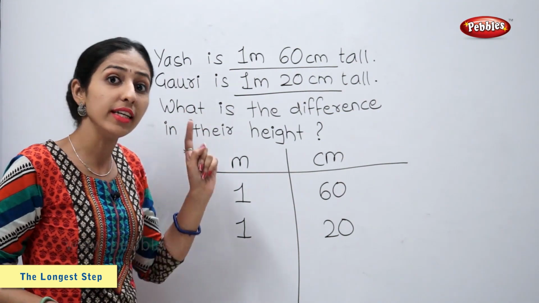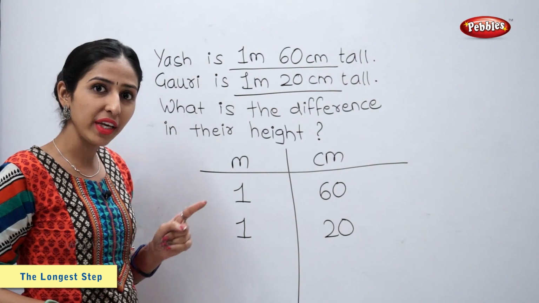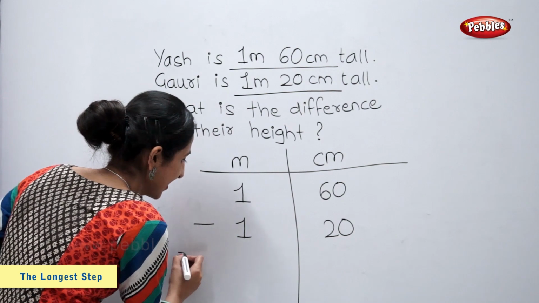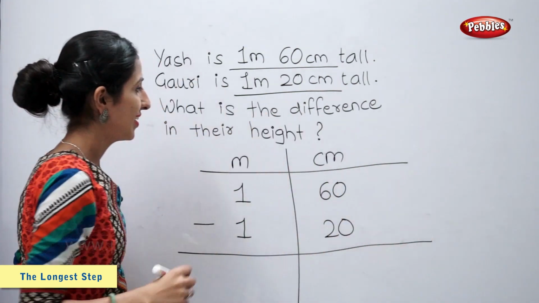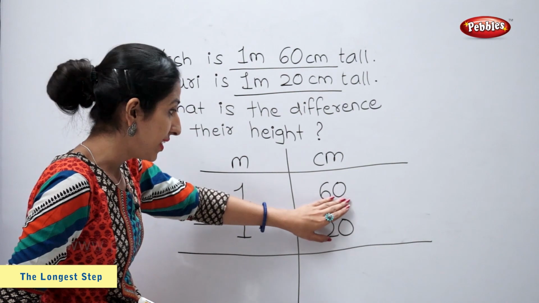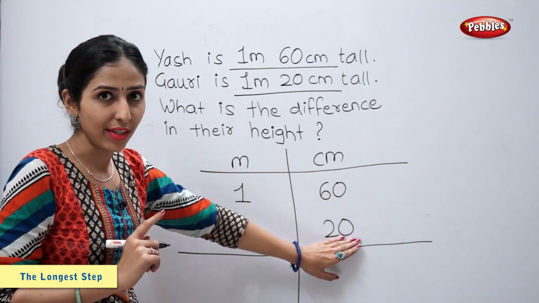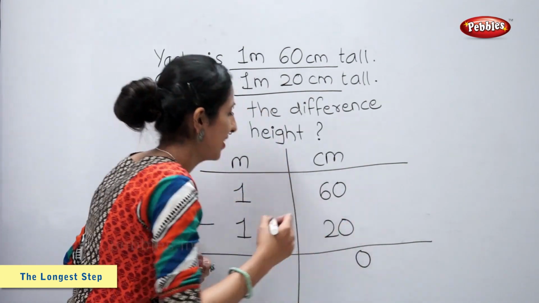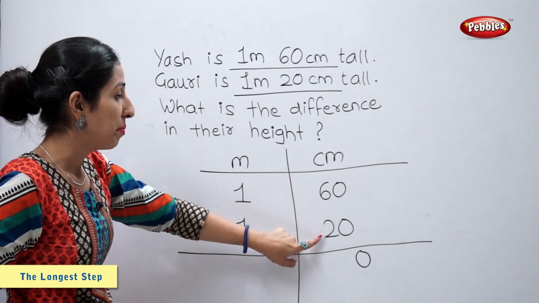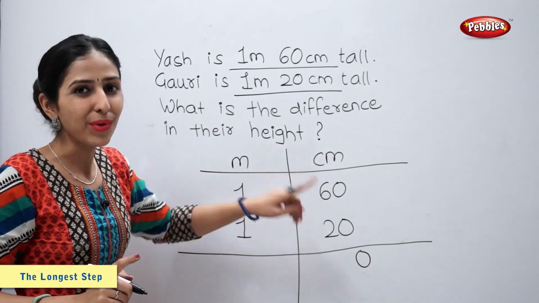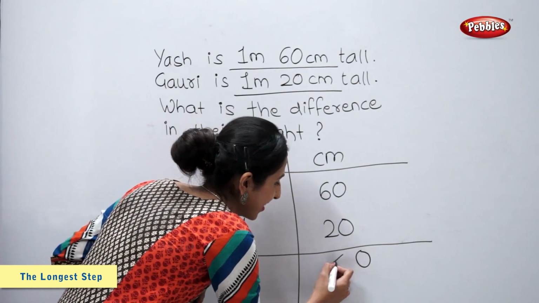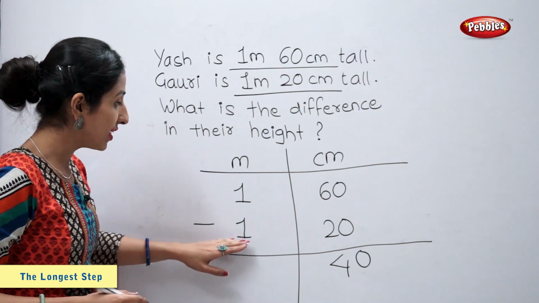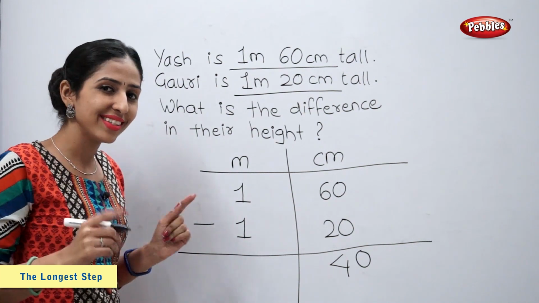We have to find the difference in their height. So we have to subtract. 0 minus 0 is equal to 0. 6 minus 2 is equal to 4. 1 minus 1 is equal to 0.